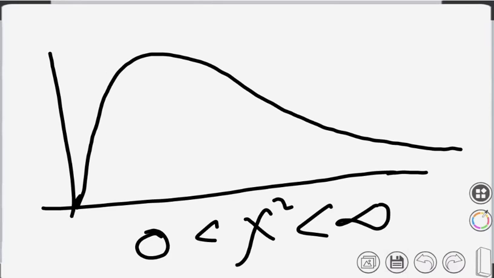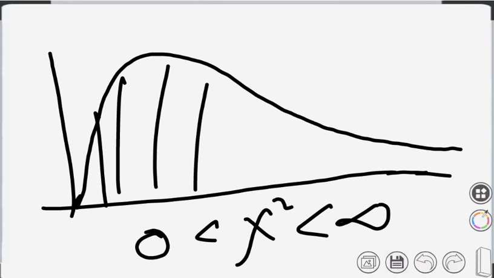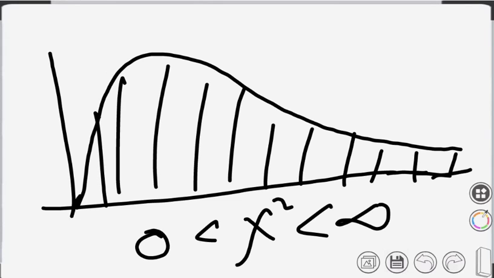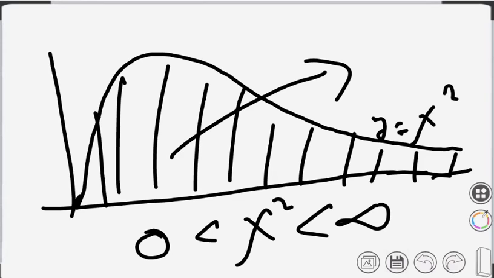It is not a symmetric graph, and obviously the area under the curve, similar to the others, is the total probability. What is this value? Who can tell me what the area under the curve is? This is y equals chi-square, and the area under the curve will be equal to 1, yes, the sum of the probabilities.